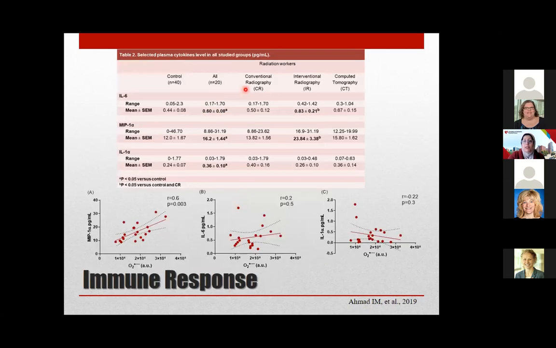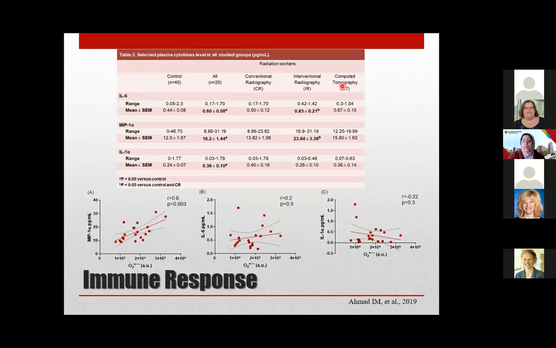This table here shows you in which occupational setting these differences in these cytokines are found. And as you can see here, IL-6 and MIP-1 alpha showed a significant increase in their level in the IR subgroup as compared to conventional radiography as well as to the control.